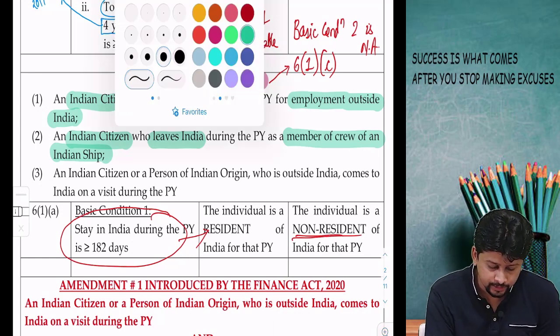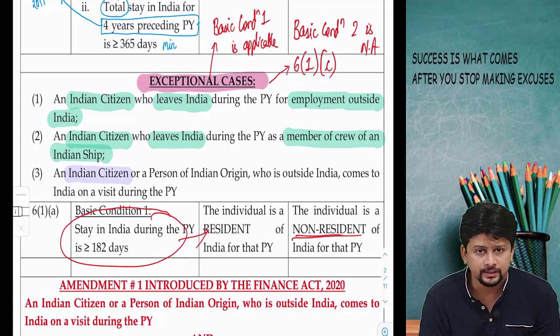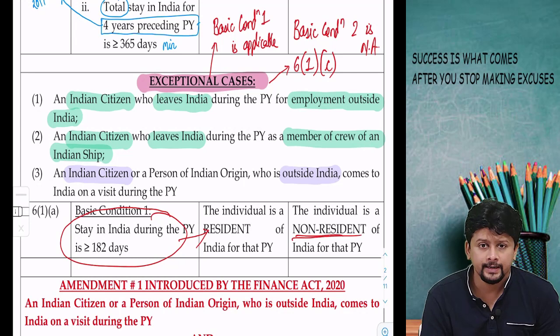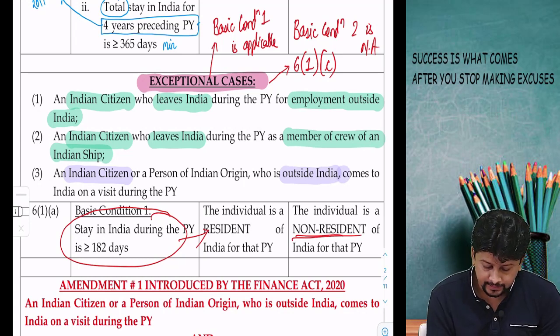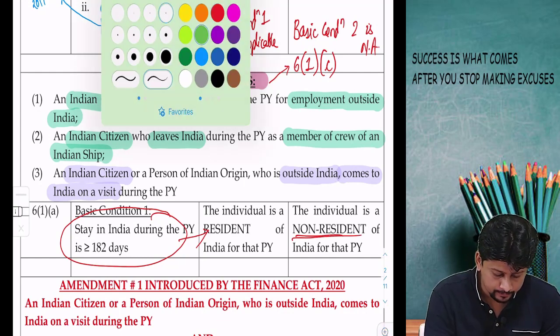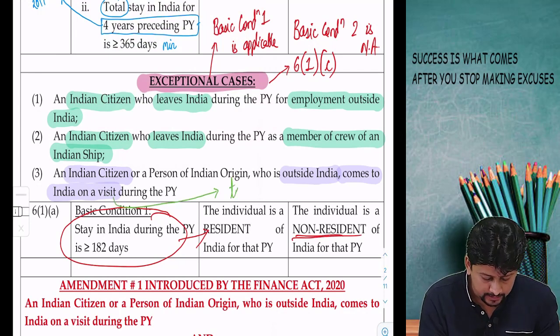The third exception, if you carefully observe, is talking about an Indian citizen but who is already outside India, and this Indian citizen is coming into India on a visit. Small things to remember. Indian citizen is coming into India for a visit, which means he is coming into India temporarily.